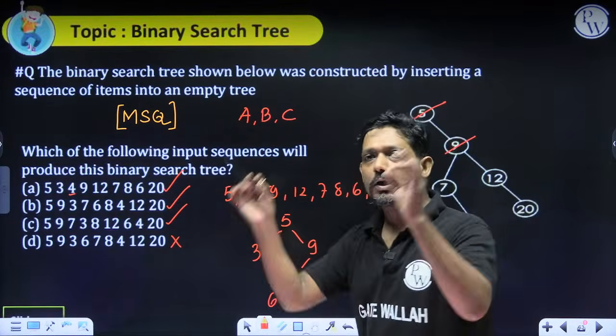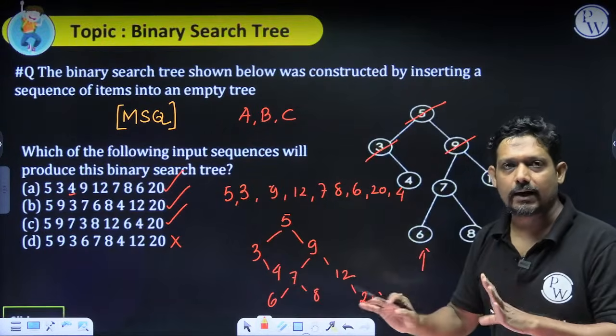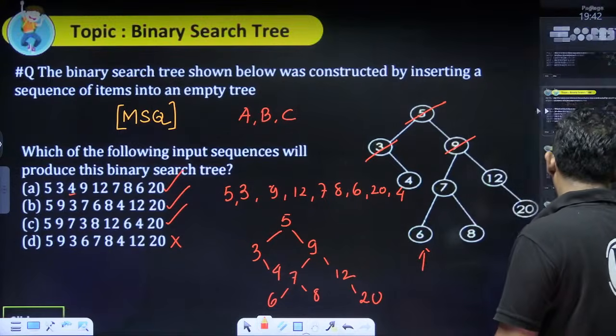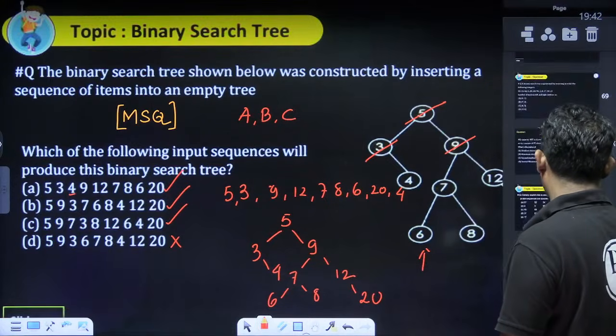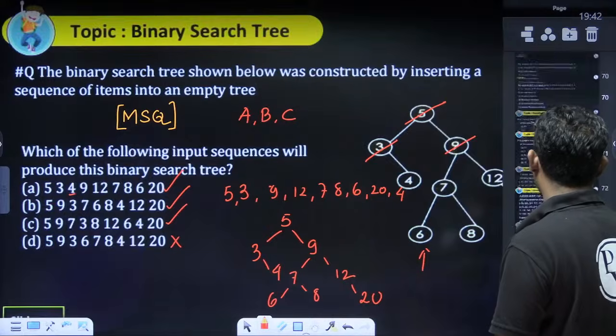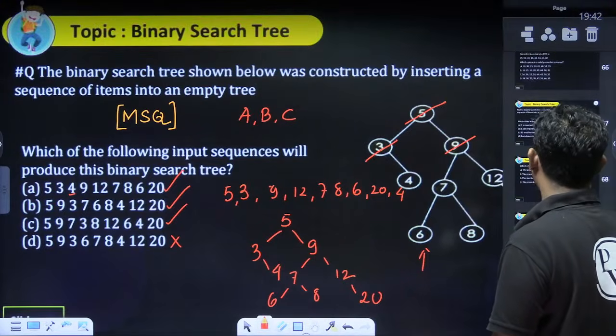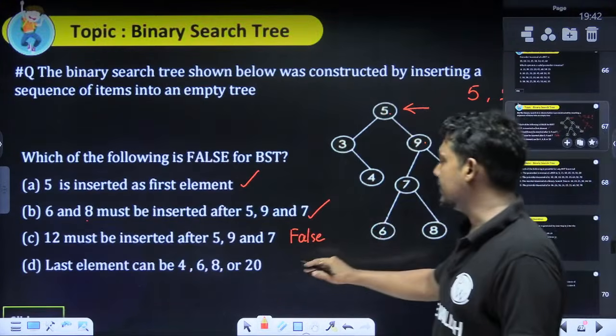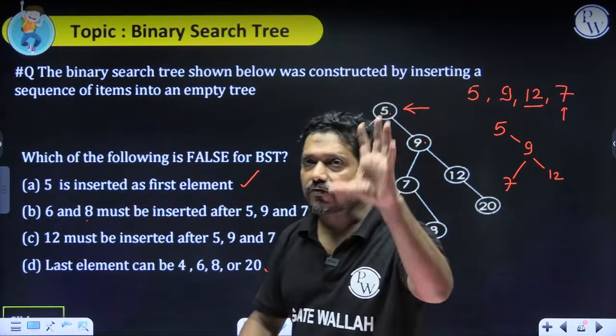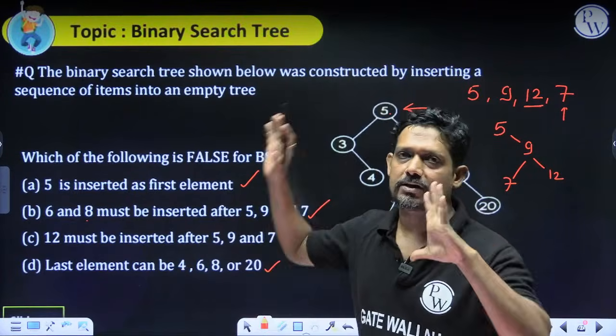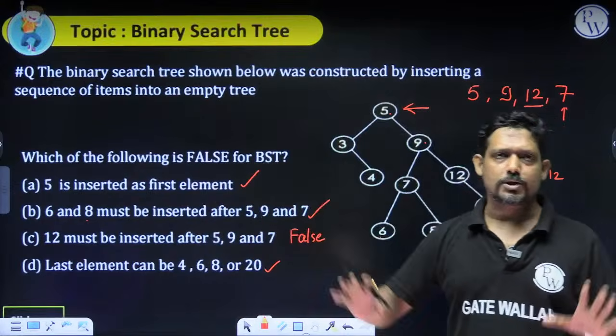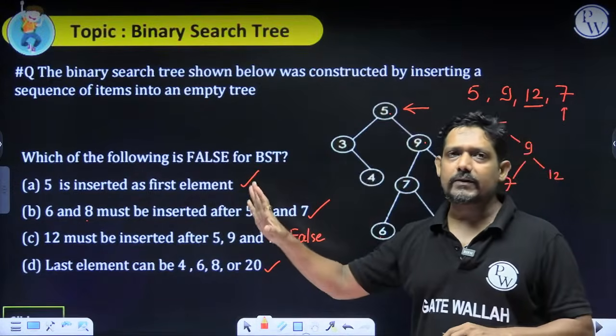So the last element should be a leaf node. In that way this statement is also correct. So now multiple answers may be correct, and this statement is also true. The only thing that is false here is only option C. Am I clear with all the options over here?